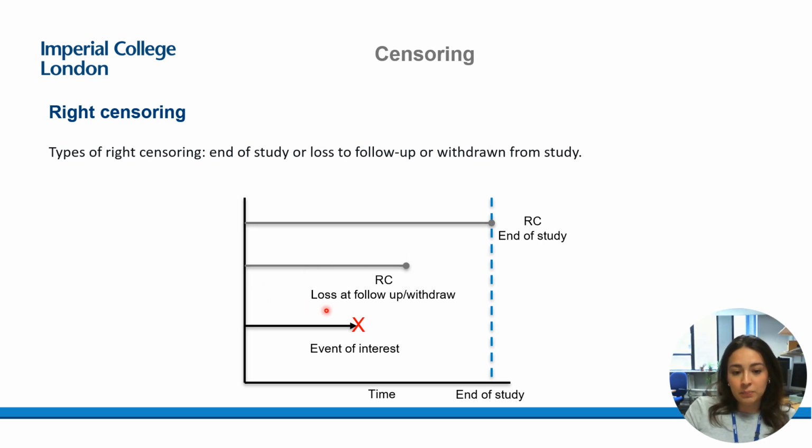In this case, the person was lost to follow-up or withdrew. So this person said, I don't want to continue in the study, and we set that person to be censored. And then just an example here, we have another participant that experienced the event. So in this case, let's say that we're looking at a different type of mortality. So this person, we say, okay, throughout our start time and end time, that person has died. So we would say they experienced the event.